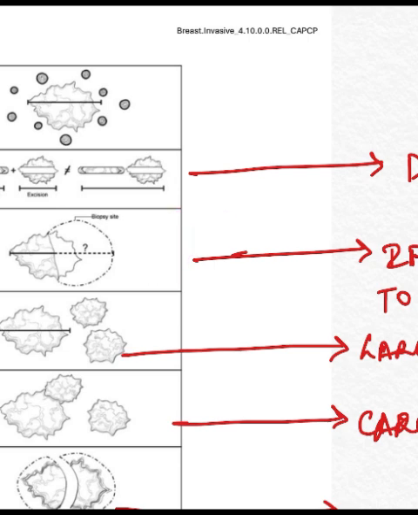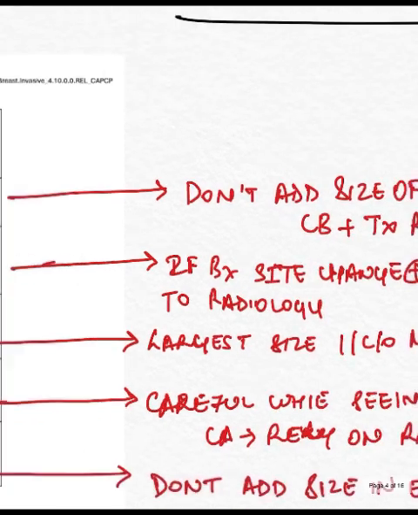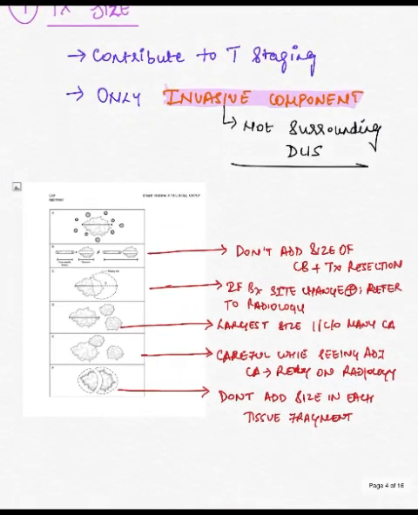The site of the tumor can change, or even the quadrant of the tumor can change. The surgeon may have mentioned that the right upper outer quadrant is affected, but on the gross specimen you find that the right inner quadrant is affected.